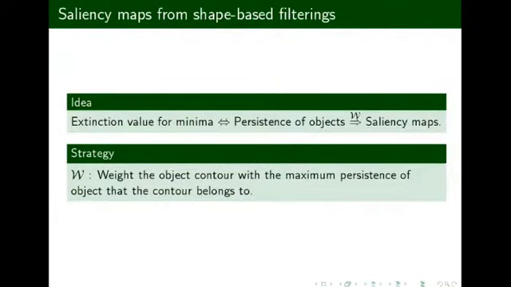You do that according to a criterion that was the altitude, or the height, the depth of a basin. So the depth is a second criterion. You can see how long an object is persistent, and you can stack the contour of the object, and you have a summary of your hierarchy. And you simply weight the object's contour with the maximum persistence of the contour it belongs to.